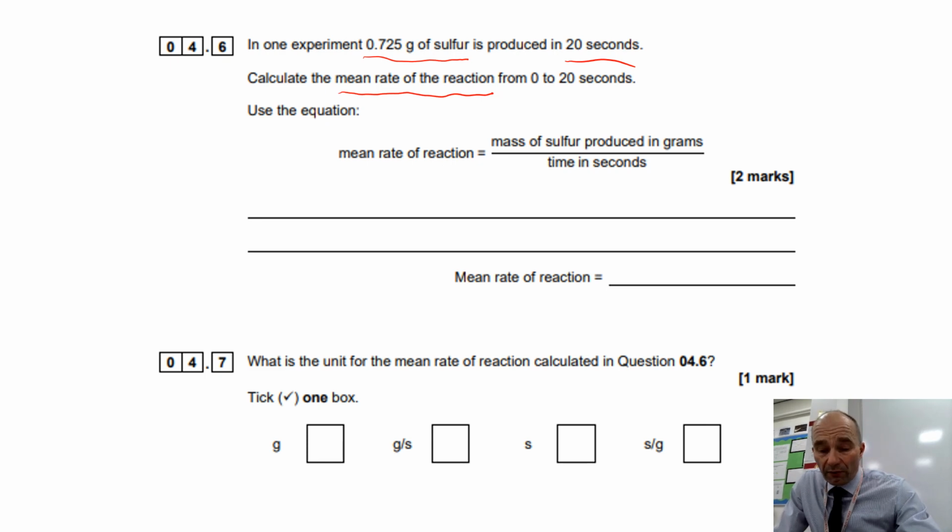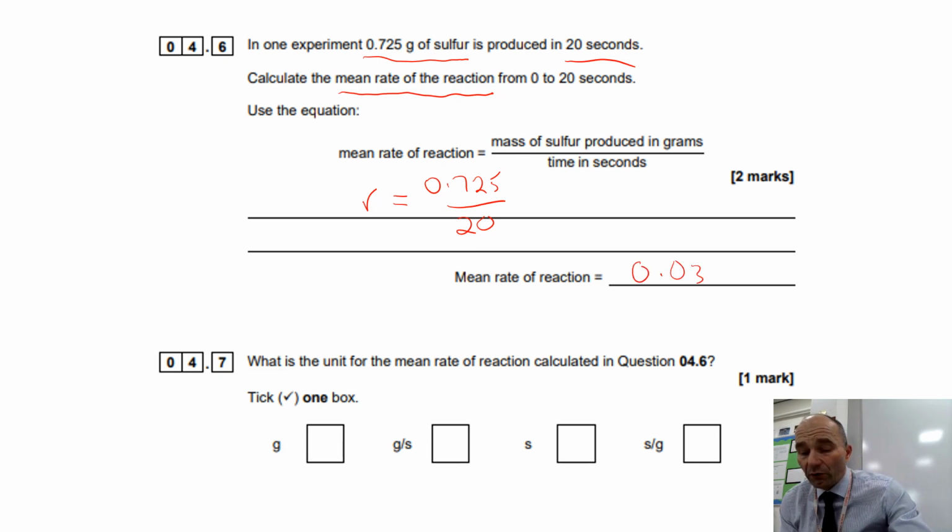Substitute the numbers we've got. Well, we don't know the rate. Rate equals 0.725 divided by our 20 seconds. Put those numbers carefully into your calculator, and you're going to get 0.03625.